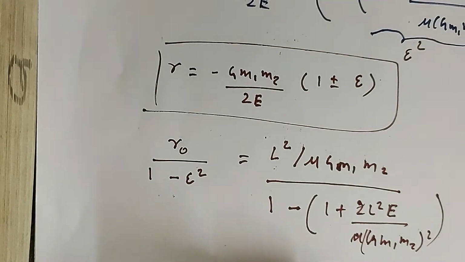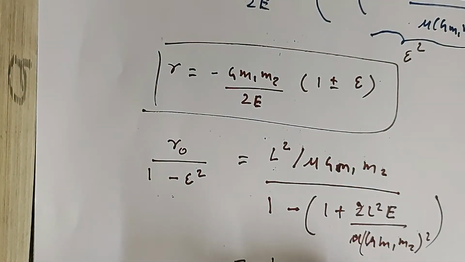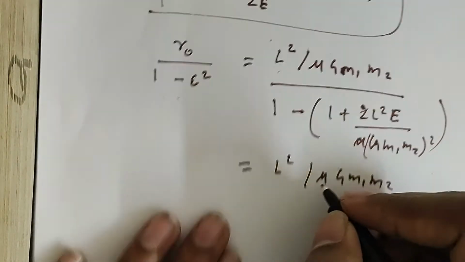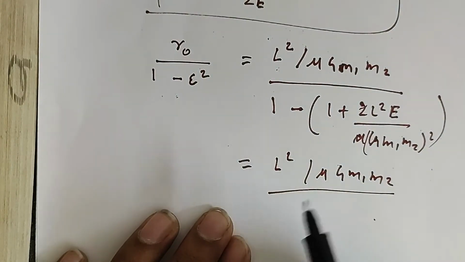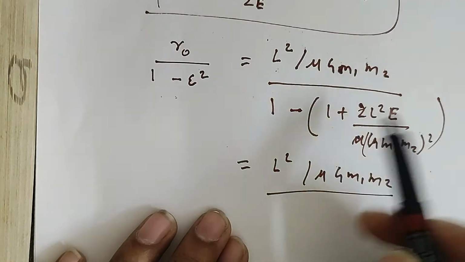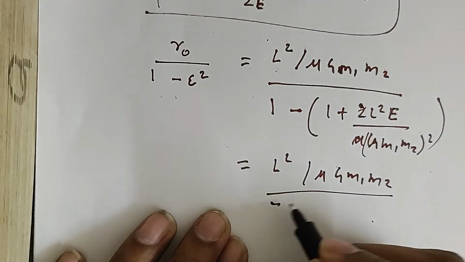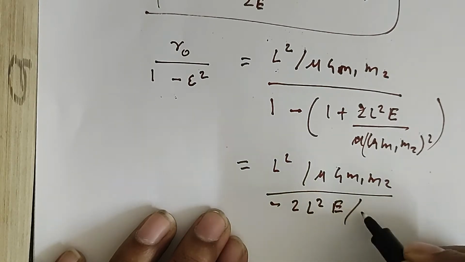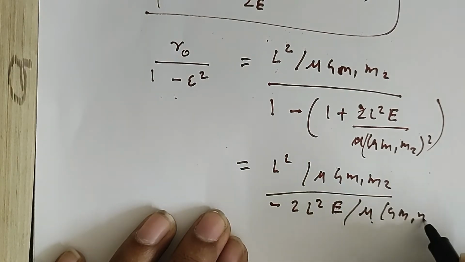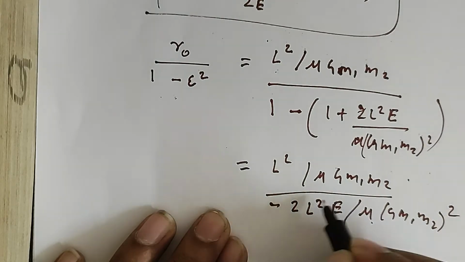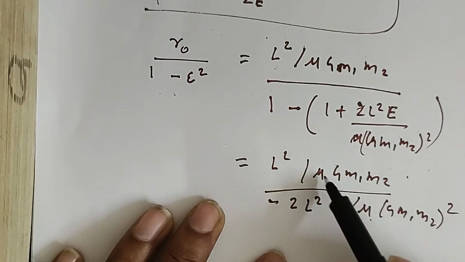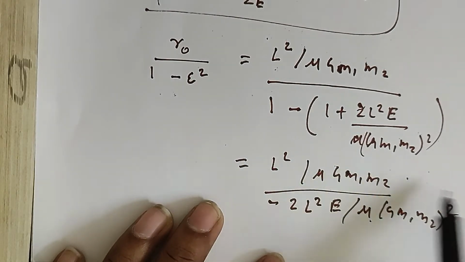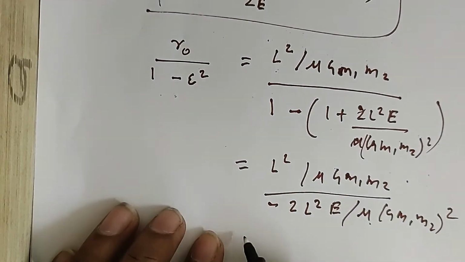Alright, now I can further simplify it. By further simplifying, I can get G m1 m2 upon, the 2 term cancels, and I get minus 2 L square E, and this particular square term gets cancelled and it just goes above.